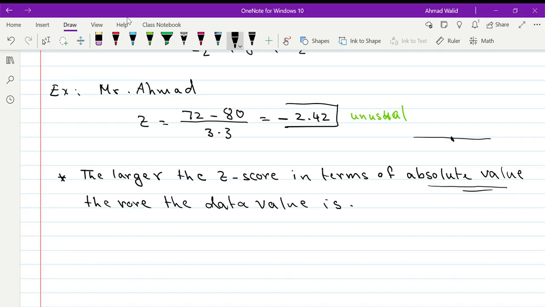As much as the Z score grows bigger, the absolute value grows bigger and bigger, the value becomes what? Rare. Correct? We discussed this in 3.3, at the last part of 3.3. I discussed with you that outside of 2 standard deviations, we call your data rare. Correct? This is rare.